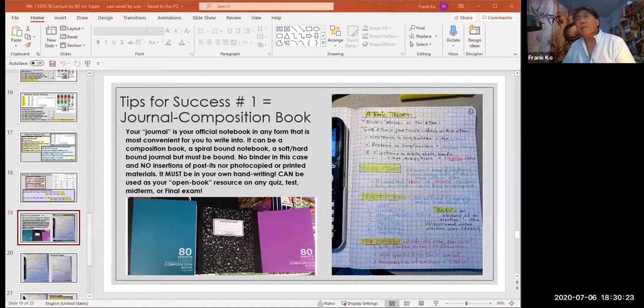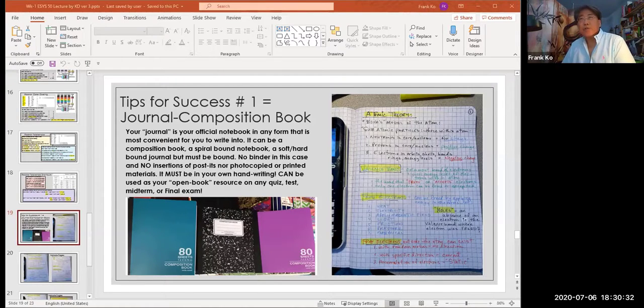Well, this might help you out. I gave you some examples during the last lecture of how your notebooks can come together. Let me share slide number 19, tips for success number 1. It shows a journal or composition book.